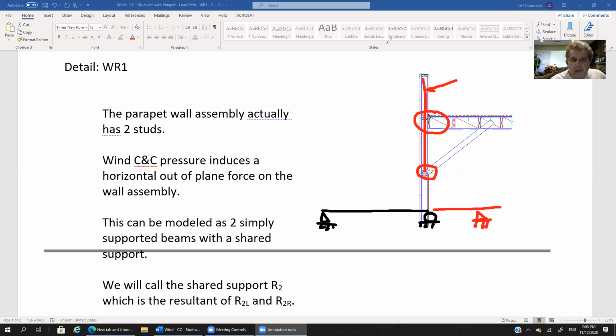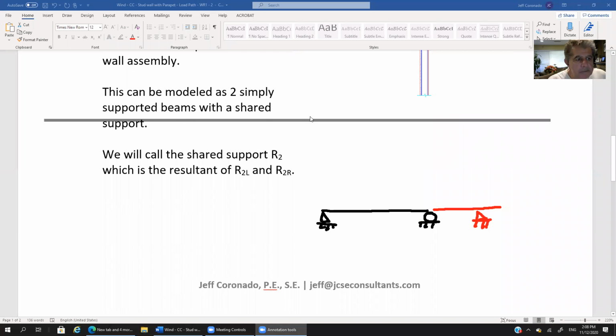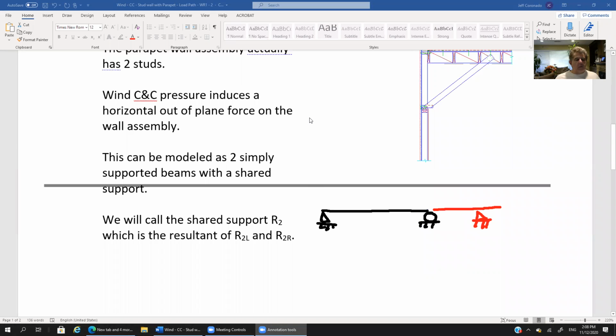Righty, so with that, let me get rid of this and scroll back down. Okay, so where are we here? I think right now we're looking at somewhere in here. So we have two simply supported beams with a shared support.